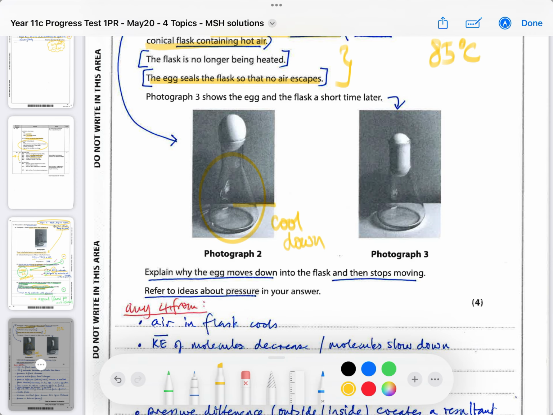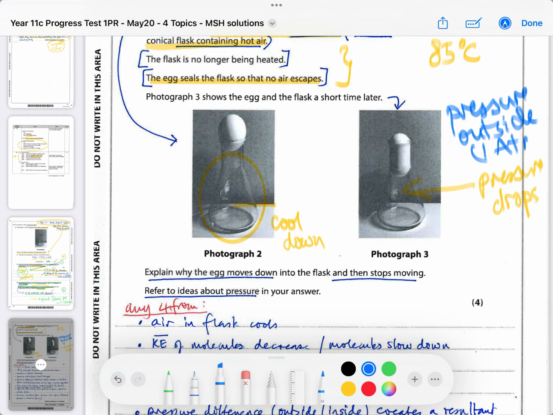And if the pressure drops inside there, it will suck the egg downwards because the pressure outside is atmospheric pressure, 1 atmosphere.